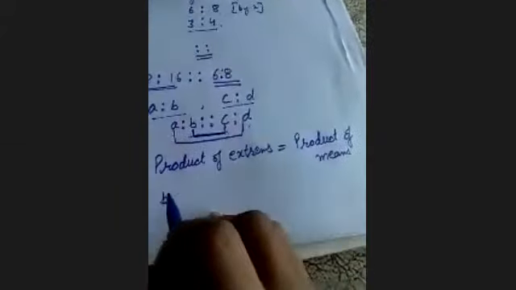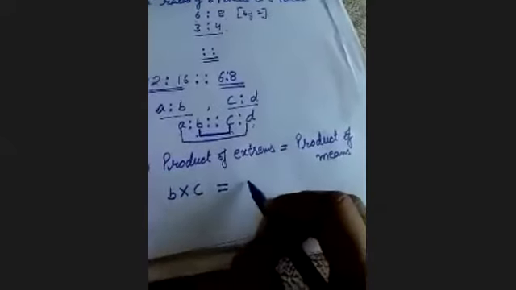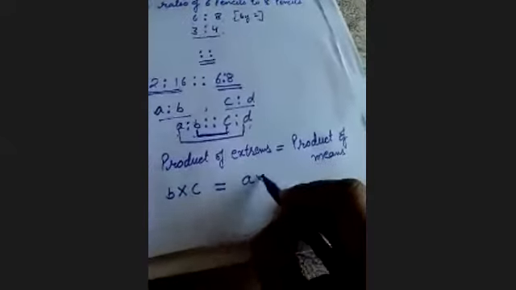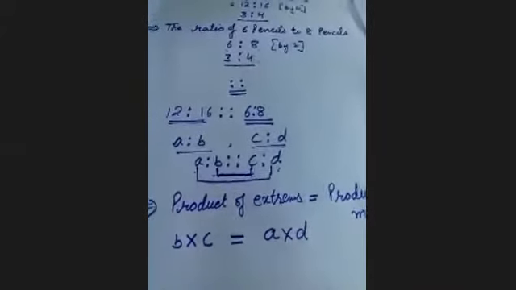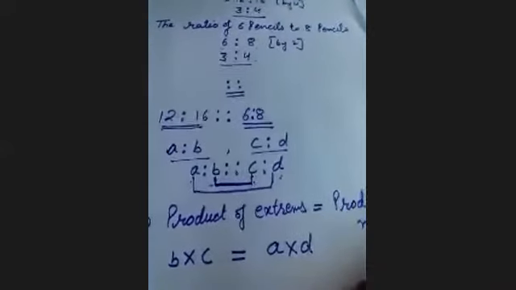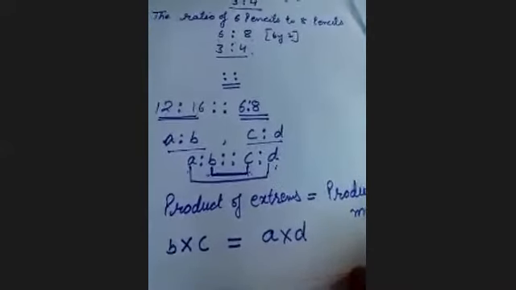It means B multiplied by C is equal to A multiplied by D. By using this rule, we can check whether these ratios are in proportion or not.